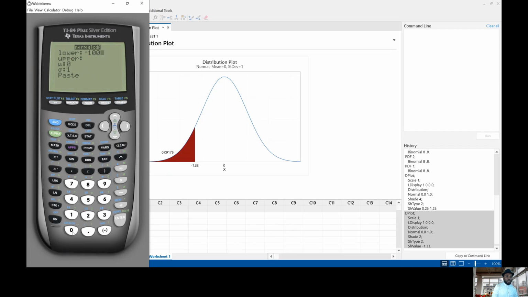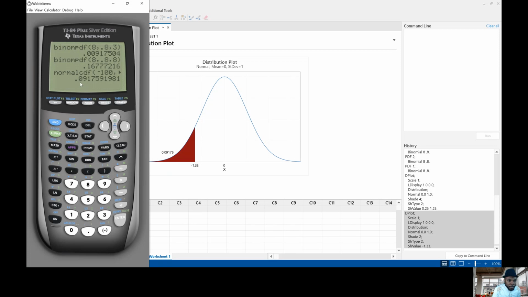Or you can use the number that you saw there. That's fine. And now let's take it down. So our upper point will be negative 1.33. And our mean is 0. Our standard deviation is 1. And now we paste this and press enter.